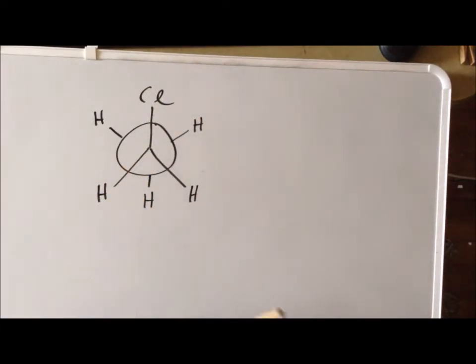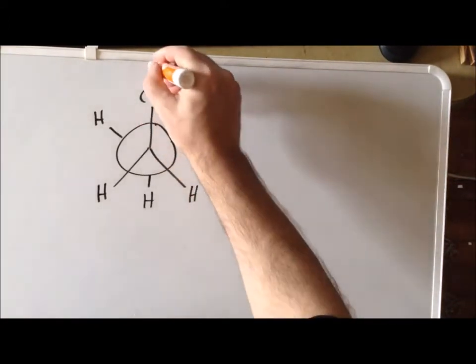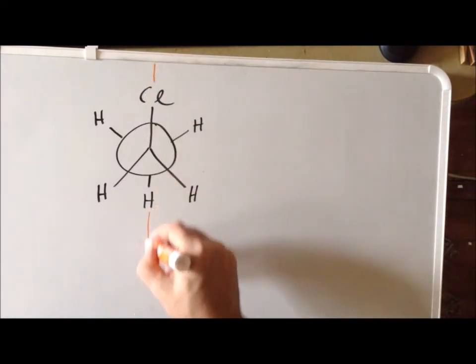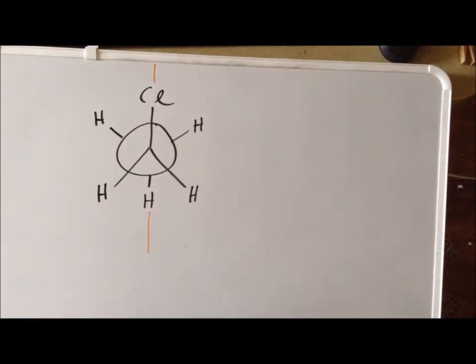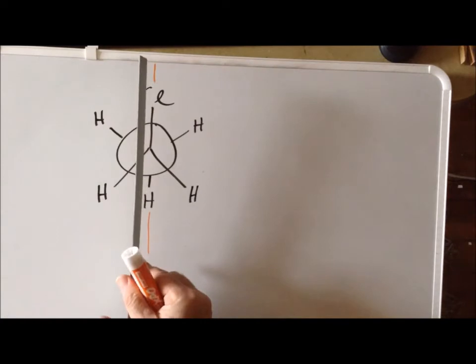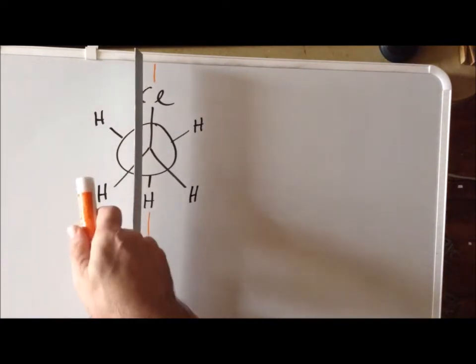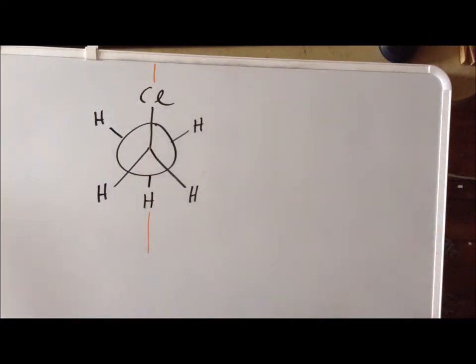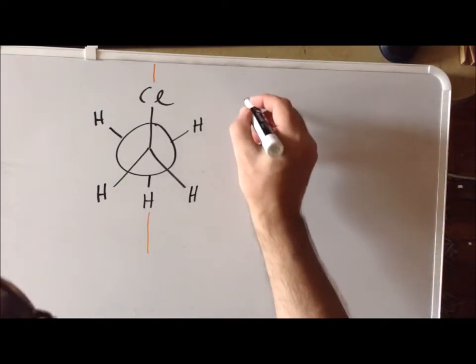So it turns out we don't have any C2s, no C3s. The only symmetry operation that we're going to have is if we go along a plane here, I can also show as a metal ruler, that it reflects the left side of the molecule into the right side. So for our monosubstituted ethane, the only symmetry operation that we have other than the identity is the mirror. So that tells us that we have the point group Cs.